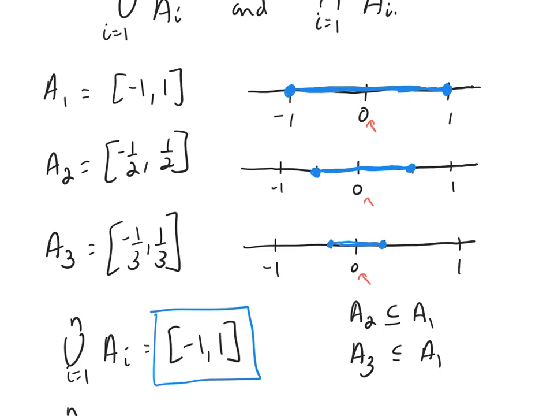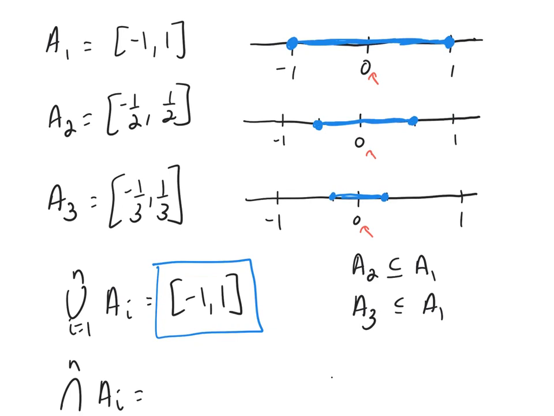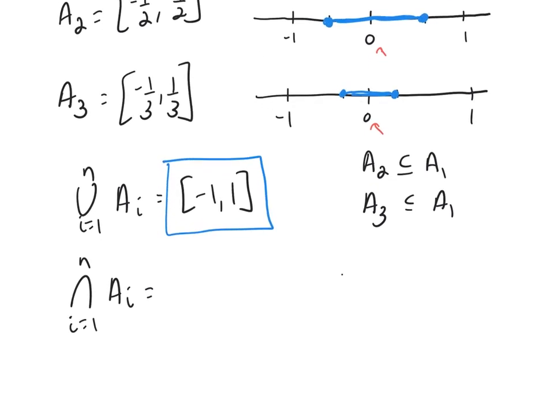These intervals are all centered around 0, and what's happening is my intervals are pushing in towards 0. So they're all going to contain 0, and remember the sides keep pushing in and pushing in. In the end, I know that 0 is in the intersection, and it turns out to be the only thing in the intersection. The intersection would be only 0.